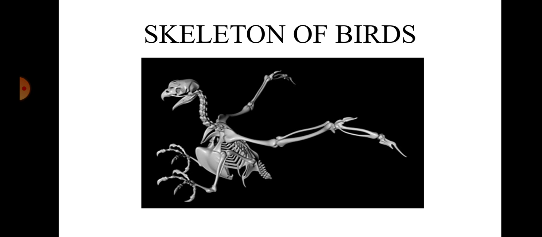So the birds have two kinds of locomotion. They walk with legs on the ground, they also fly in the air. Flying adaptation: it has a streamlined body, presence of hollow and light bones which reduce weight, hind limbs help in walking and perching.